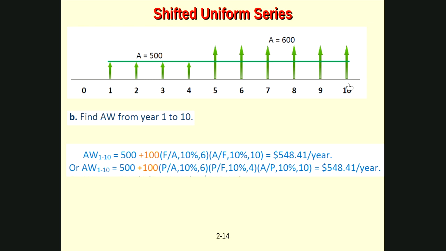You move it to year 10 using this conversion, F given A for 10%, 6 years. After that, you want to find the annual from the future, the annual from the future for the years 1 to 10 using this conversion, A given F, 10%, number of years 10.